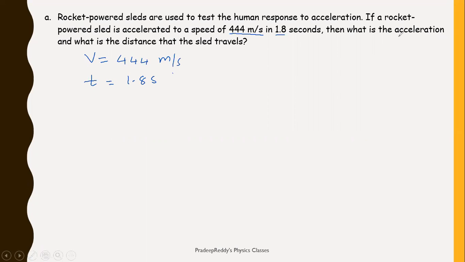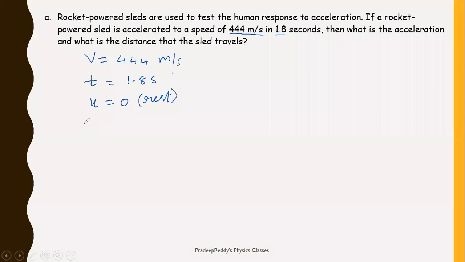Then what is the acceleration and what is the distance that the sled travels? You are now supposed to find out acceleration and also distance traveled. Now, if this rocket is being accelerated to this value, that means it should start from rest position. The rocket sled is starting at the rest position and finally it is gaining this much velocity in time 1.8 seconds.